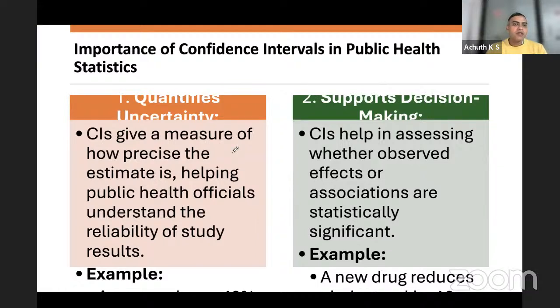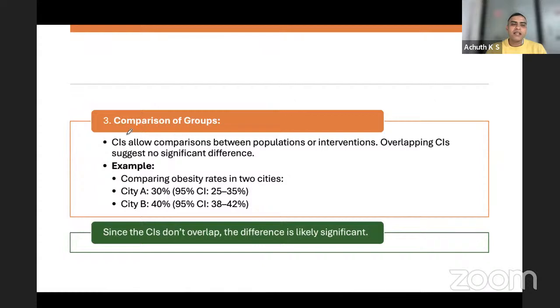It helps in quantifying uncertainties, and it helps in supporting decision making also. It helps in comparing groups. Confidence intervals allow comparison between populations and interventions. If you are doing a study on 2 different cities, it allows you to make decisions without any overlaps.